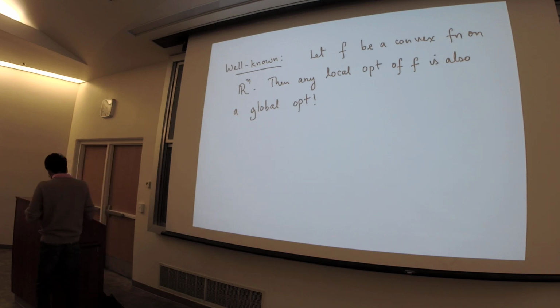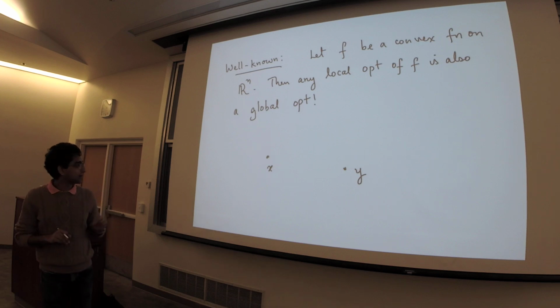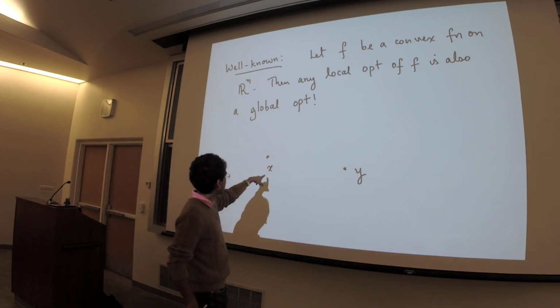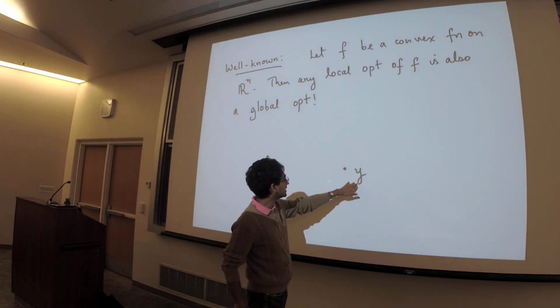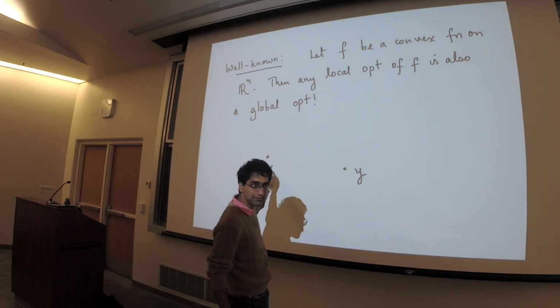All you have to do is take any local optimum, let's take x, suppose it is locally optimum, and suppose there is a y which is globally optimum, and suppose that f of y is strictly smaller than f of x.